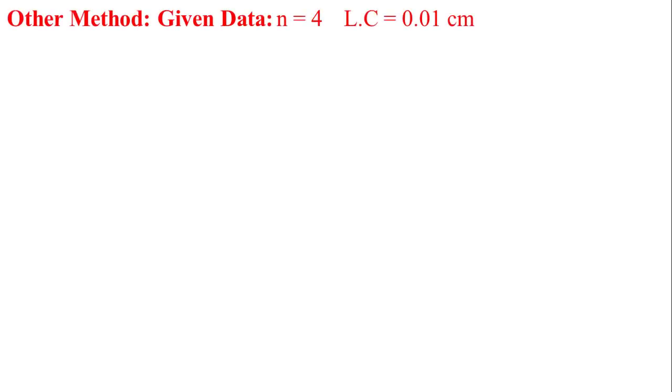Now the other method. Given data: the number of divisions, denoted by small n, is equal to 4 and the least count is equal to 0.01 centimeter. The main scale reading is 0.00 centimeter.